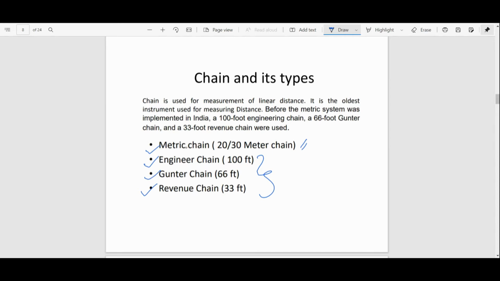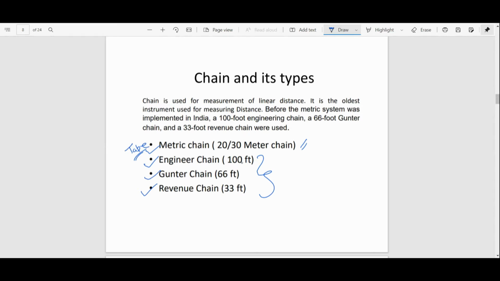Second, dimensions are marked on a tape, but the metric chain does not have any dimensions on it. We have to calculate them manually, which is very tough. That's why the chain is replaced with the tape nowadays. We will discuss that again.